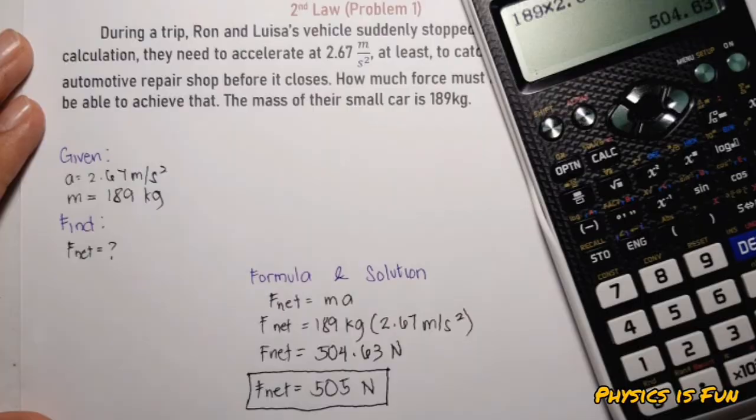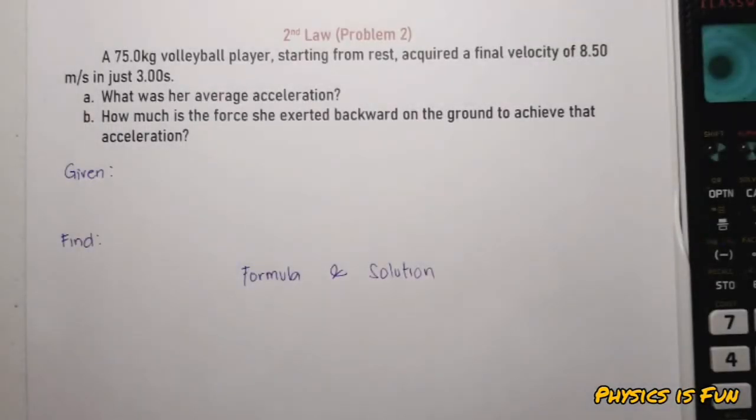Let's proceed to another problem. Next problem regarding Newton's second law. A 75 kg volleyball player starting from rest acquired a final velocity of 8.50 meters per second in just 3 seconds. What was her average acceleration? How much is the force she exerted backward on the ground to achieve that acceleration? Again, let's find the given quantities.